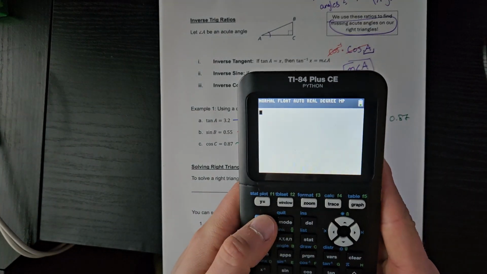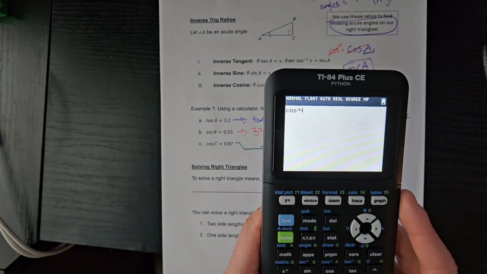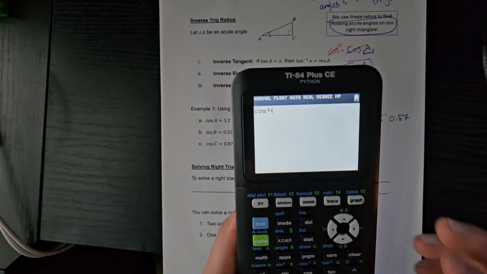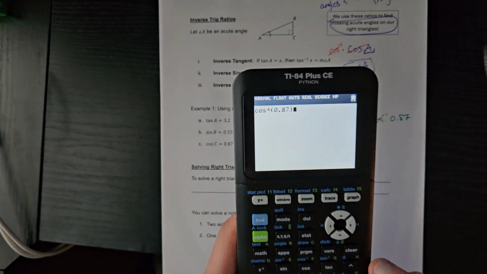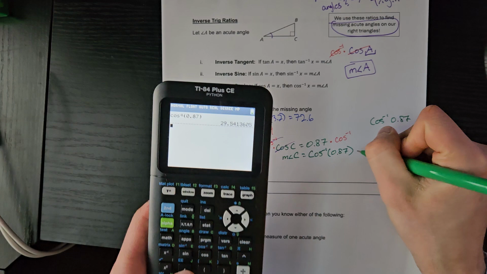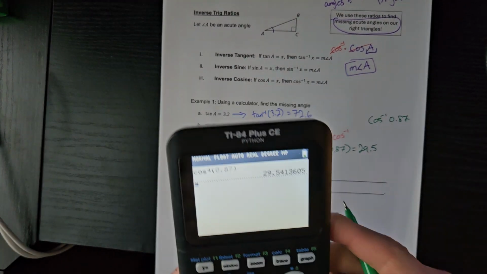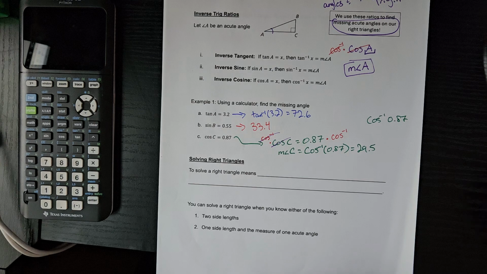So when I type in cosine inverse of 0.87, I'm going to get the angle measure of 29.5. There we go. That's applying all of our inverse trig stuff. We can use this inverse trig.